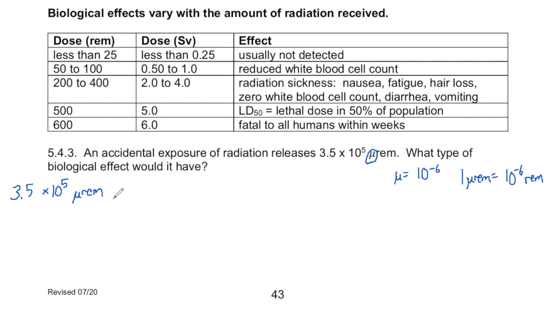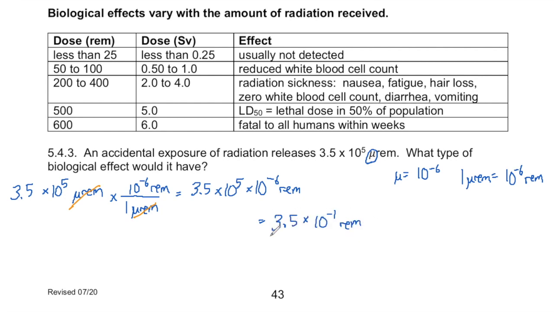Let's use that relationship to convert this. 1 microrem is 10 to the minus 6 rem. We'll cancel the microrem. So I went ahead and collected everything together, the 3.5, the 10 to the 5, and the 10 to the minus 6. So now I will multiply together the powers of 10.